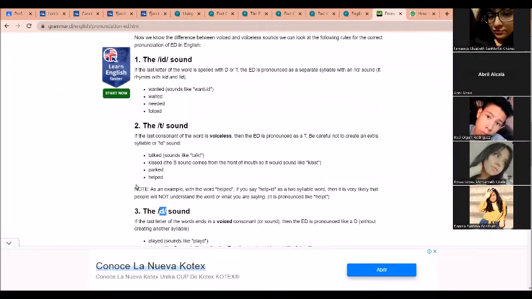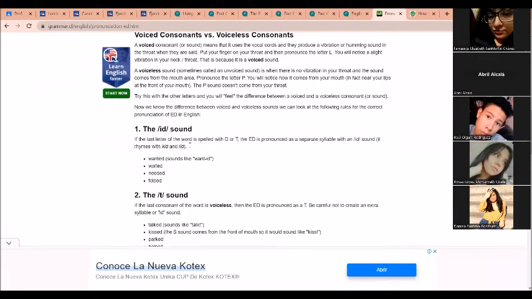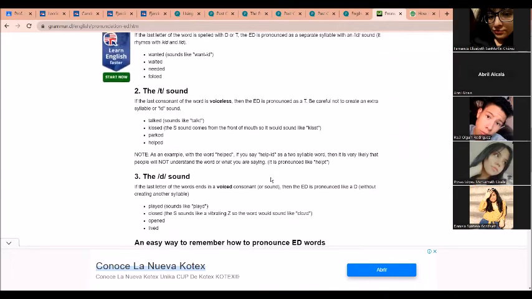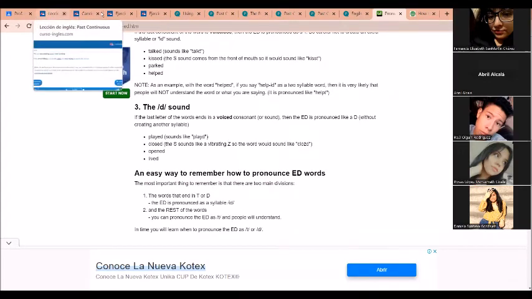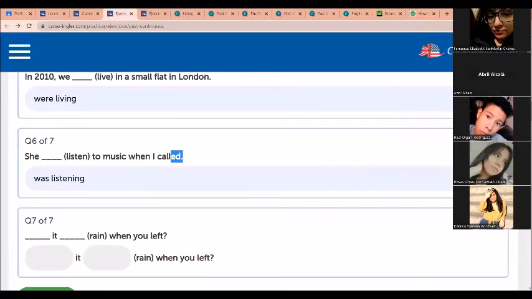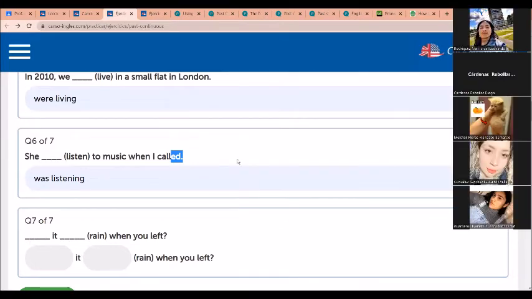All right, so these are the most common sounds. The only one that's a little bit different is if it ends with a D or a T. Then you just have -id, wanted, or waited. Otherwise, you can use that T sound or D sound for those verbs in -ed form. Okay? When I called.